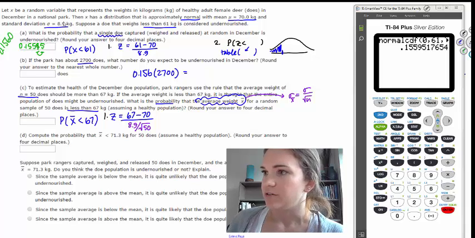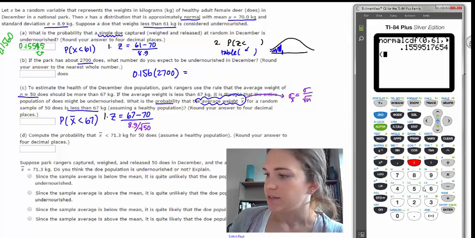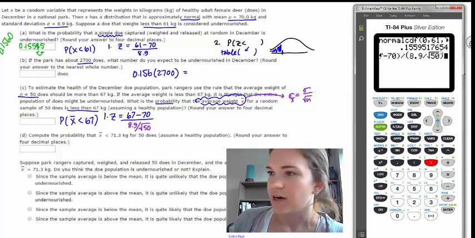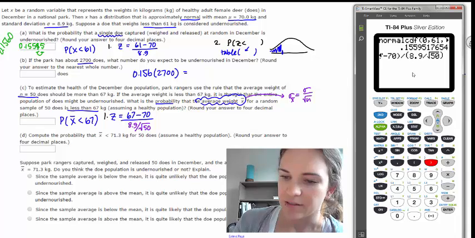In the calculator, you'll need to make sure that you use parentheses correctly. So parentheses 67 minus 70, divided by 8.9 divided by the square root of 50. I don't want that square root alone, but I need to cover the downstairs in parentheses.